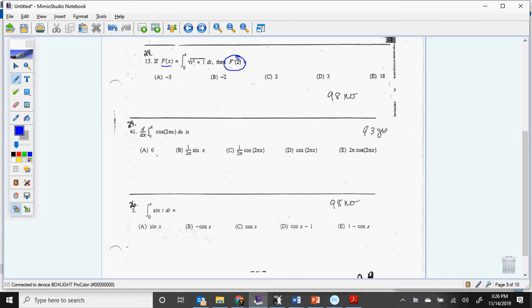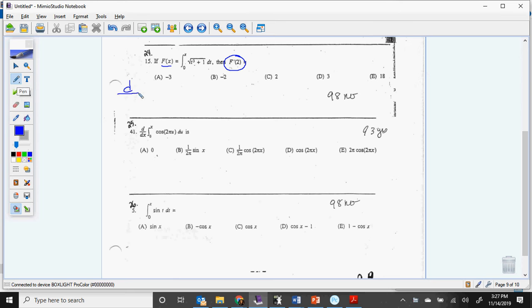So another way of writing this is find the derivative, f prime, of the integral. Oh, it's not letting me go off there. Man. Alright, I'll have to write it over here.